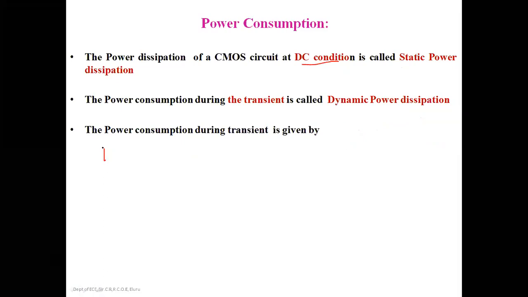Simply you can take P equal to VI, from the CMOS VDD and IDD. The product of the voltage and current gives us the simple DC condition, or static condition, power dissipation.